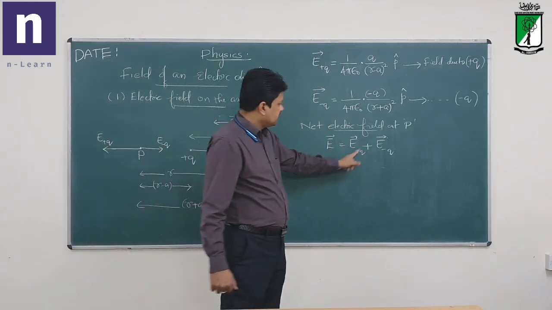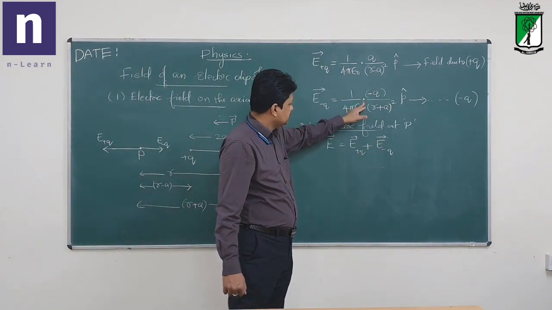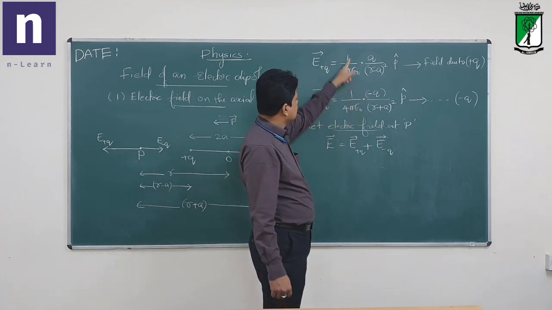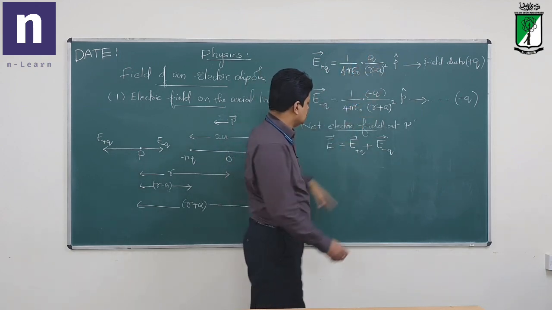Now let us add up E plus Q and E minus Q. E plus Q is here, E minus Q is here. What are the common factors here? 1 by 4 pi epsilon naught Q. The whole thing is common.